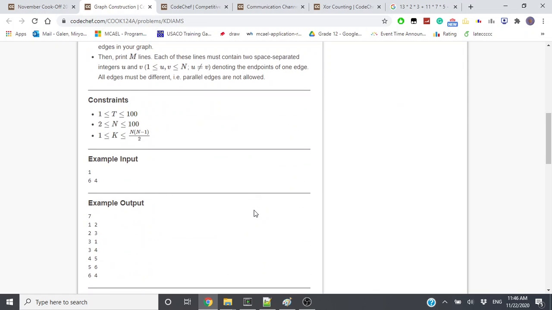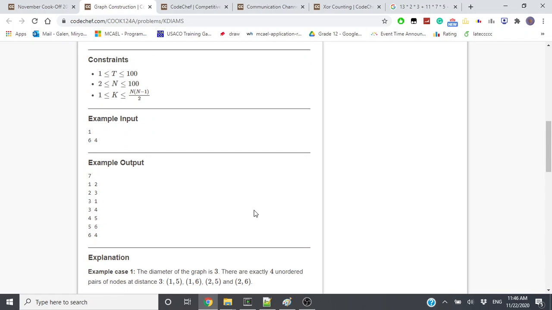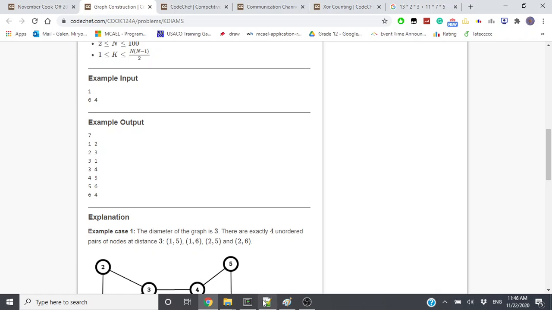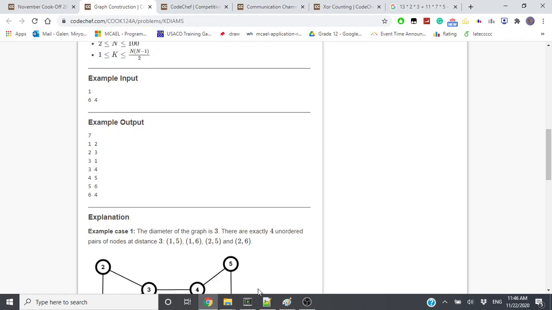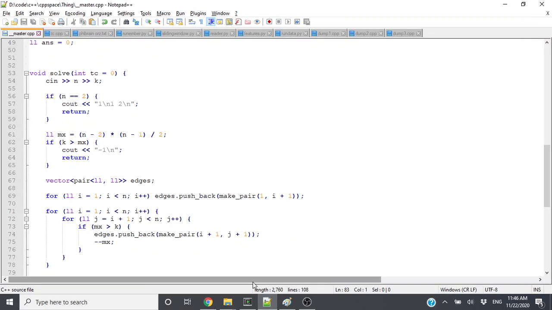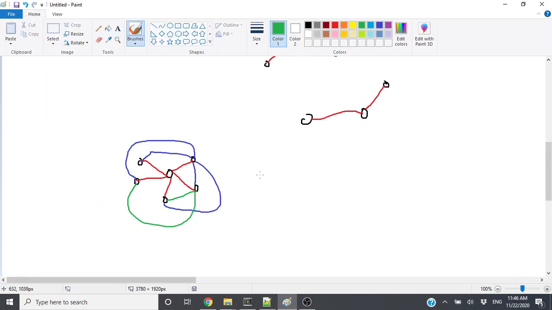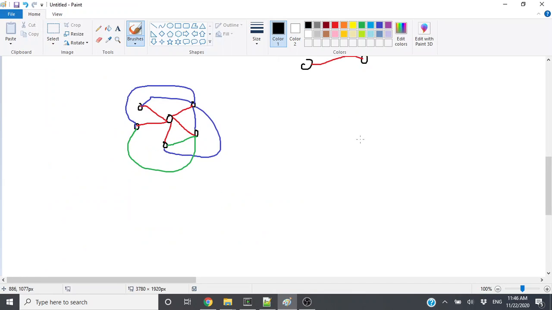Like, k has to be 1 when n equals 2. Like, the only possible thing is to print 1 and 2. Max is that otherwise. So, for example, with 3, you can only have this. There's only going to be 1 pair.